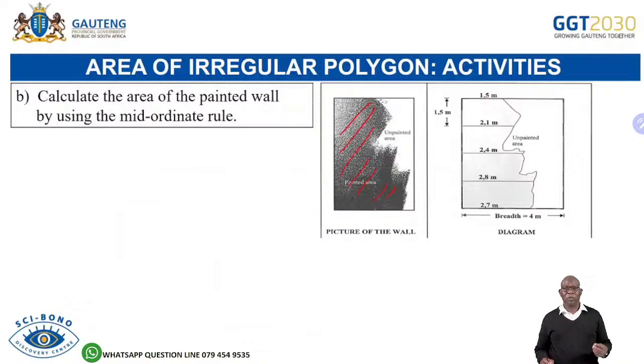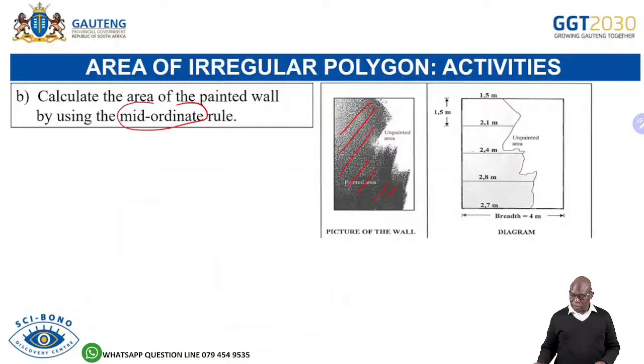That's why we use the formula for the area of an irregular polygon, by using the mid-ordinate rule. In other words, we can use the mid-ordinate rule of O1 plus O2 divided by 2, O2 plus O3 divided by 2, just like that.